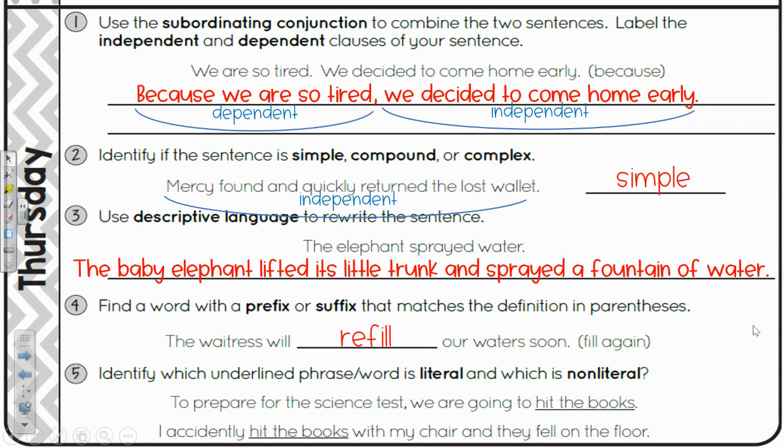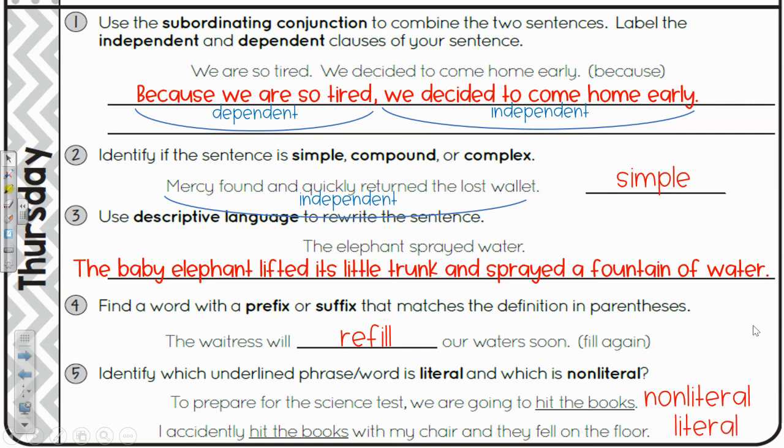I don't think so. Therefore, if it's not actually hitting the books, it's non-literal. I accidentally hit the books with my chair and they fell on the floor. Now, in this scenario, did the person actually hit the books? Yes, with their chair. So this one is literal.